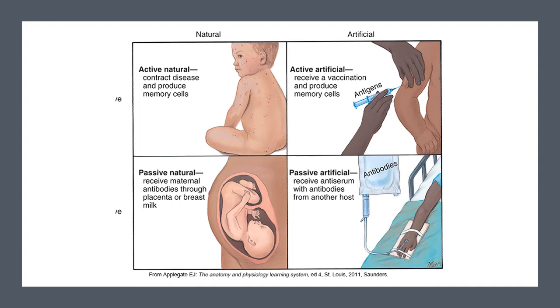So we're putting artificially weakened antigens, microorganisms into the body. Passive natural is receiving maternal antibodies through placenta or breast milk, and passive artificial is receiving an anti-serum with antibodies from another host, from another person, from another animal, different things like that. So use this slide to help know the difference. You might have to know these for test taking purposes.